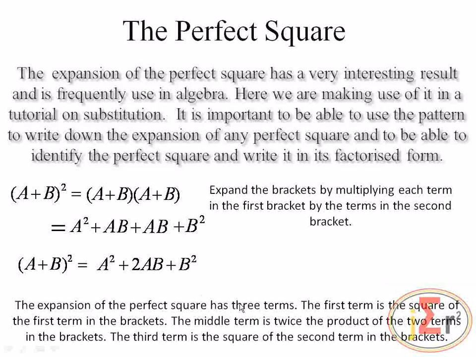So when we have (a + b) all squared, it is not a squared plus b squared, but there is a middle term that is equal to the product of the first and the second, and that result will be multiplied by 2 because there are two of them. And do not forget that that is the result of the expansion that we have right here.